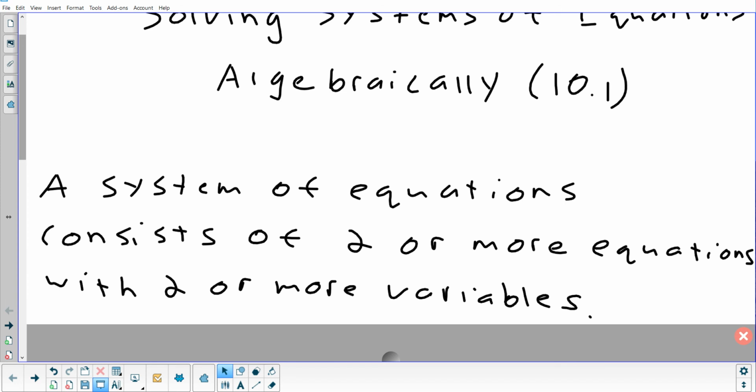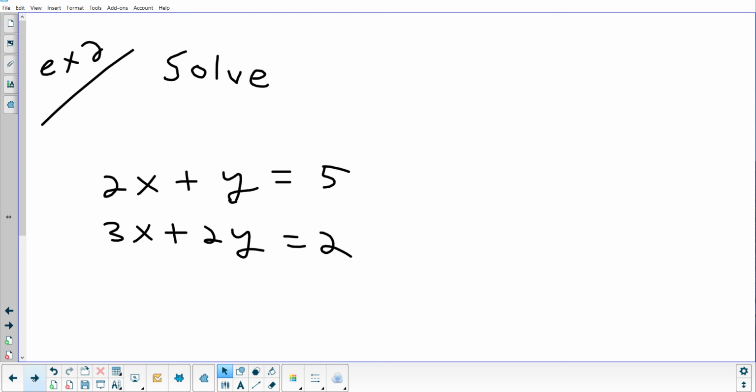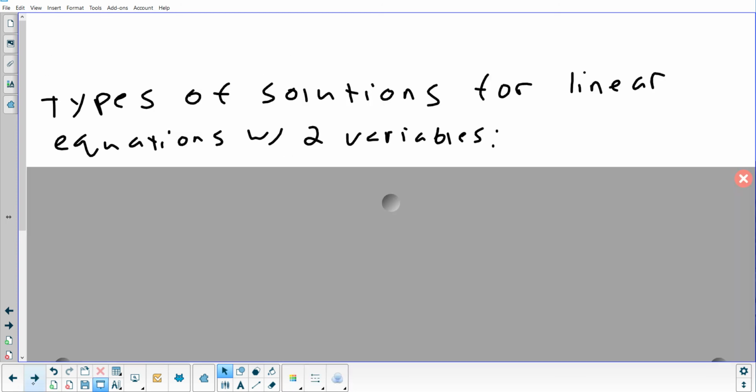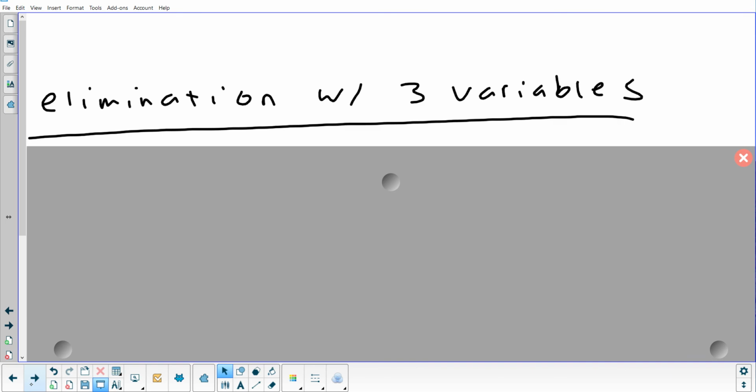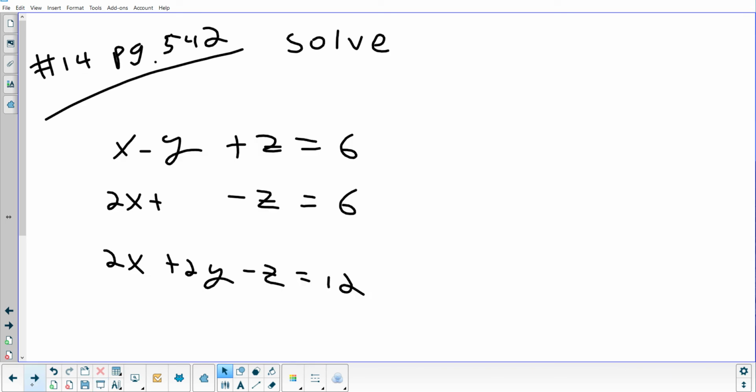So we will always have as many equations as there are variables. So in a problem like this, two variables, two equations. In a problem like, let's say, this one, three variables, so I'll give you three equations.